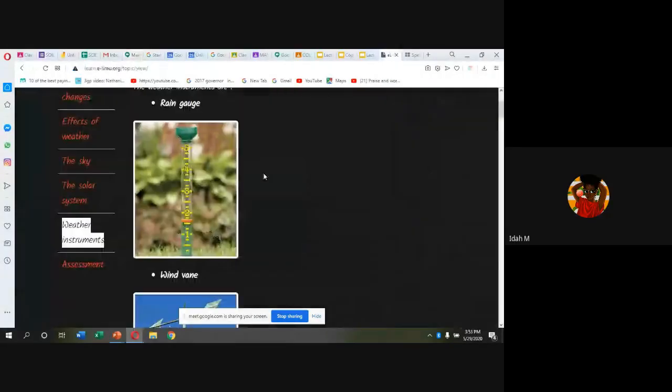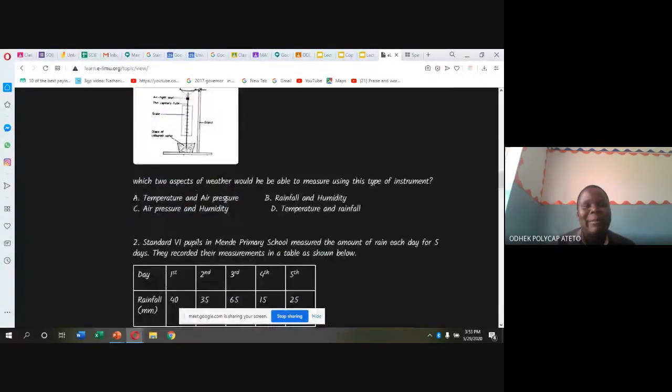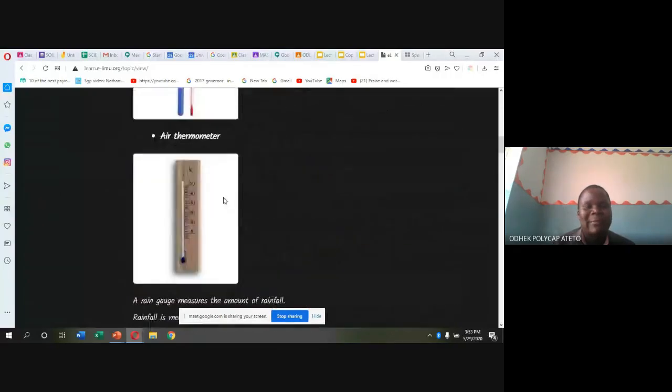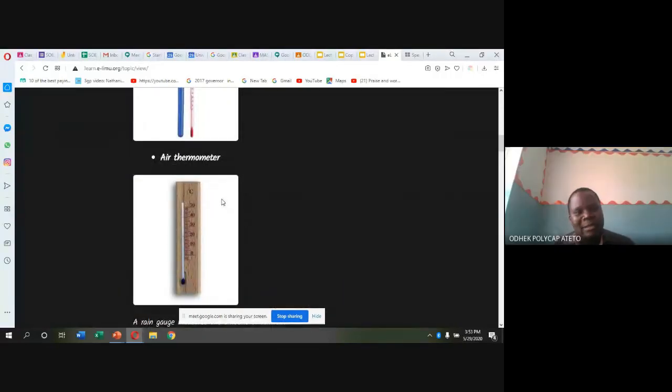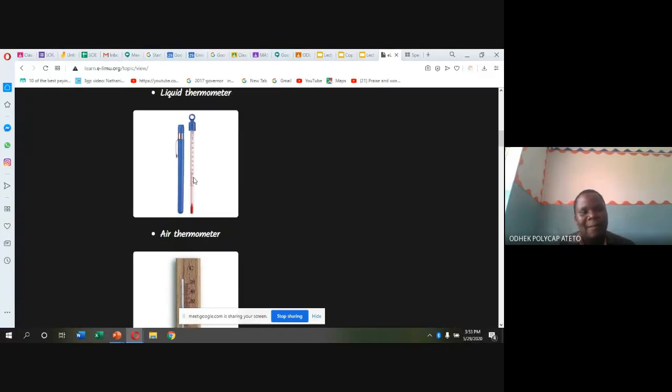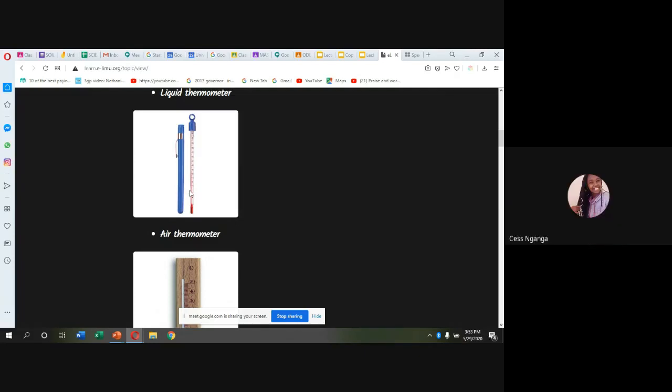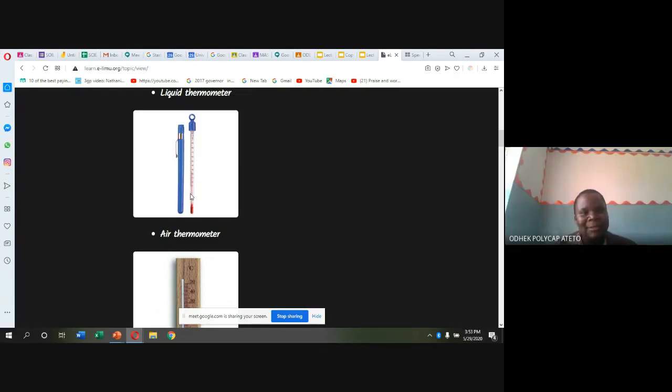Look at these thermometers. Inside this thermometer there's that red thing. Are you seeing that red thing inside it? It enables us to see how the temperature is changing. If I just put water or mercury, which is colorless, I will not be able to see. So we use colored water for us to see clearly. That's correct, Tanya?